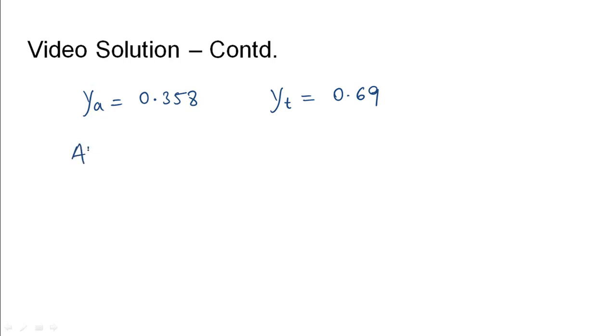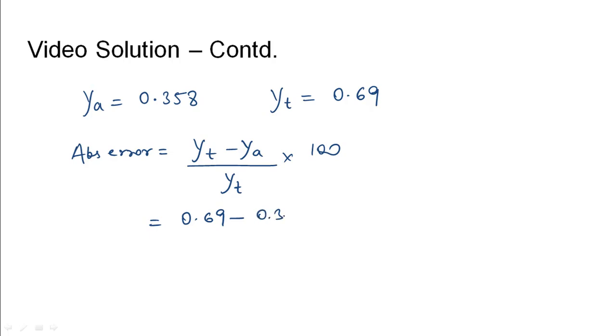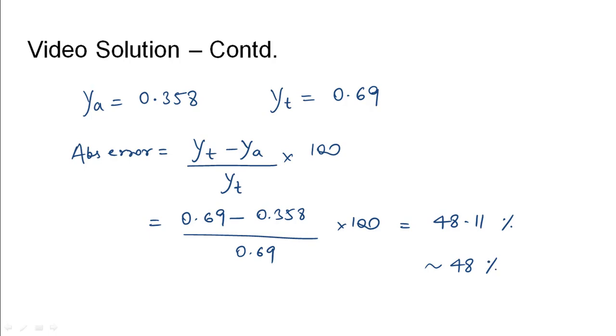The absolute error will be the difference of true value and approximated value over true value times 100. So true value 0.69 minus 0.358, over 0.69, into 100, which will be around 48.11%. The question has instructed to round it off to the nearest integer, so we can round it off to 48%.